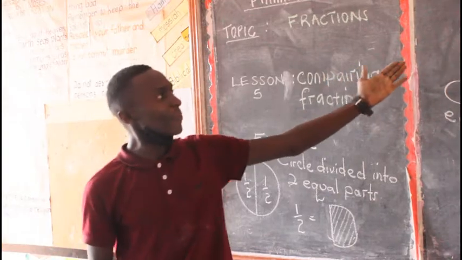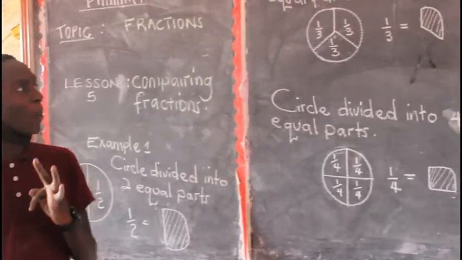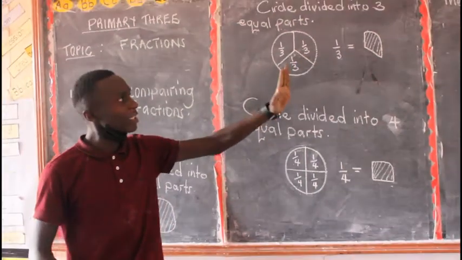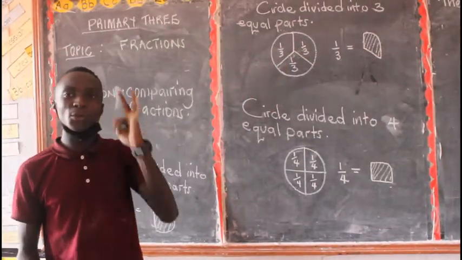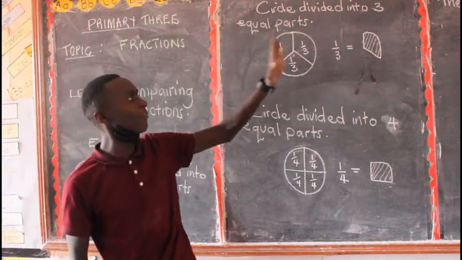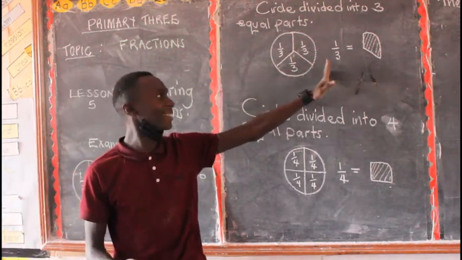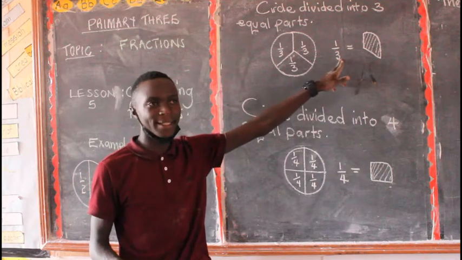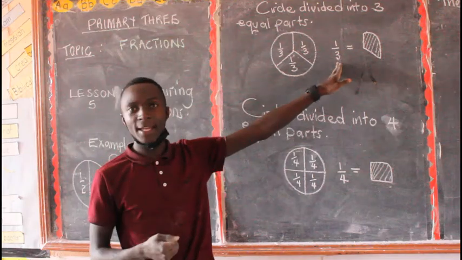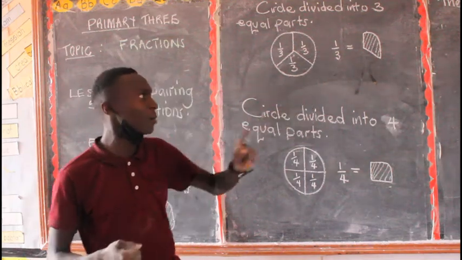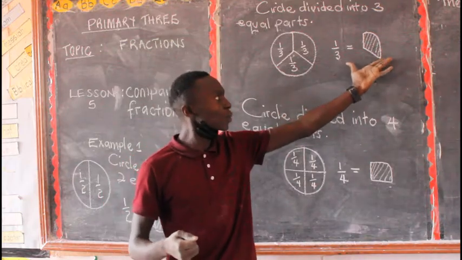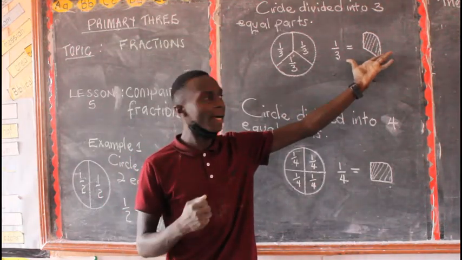Here we can see a circle divided into 3 equal parts. This is part 1, part 2, and part 3. When a circle is divided into 3 equal parts, each part is referred to as a third, or you can say it is 1/3.